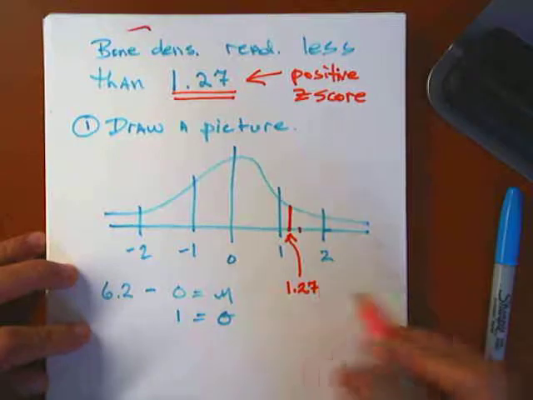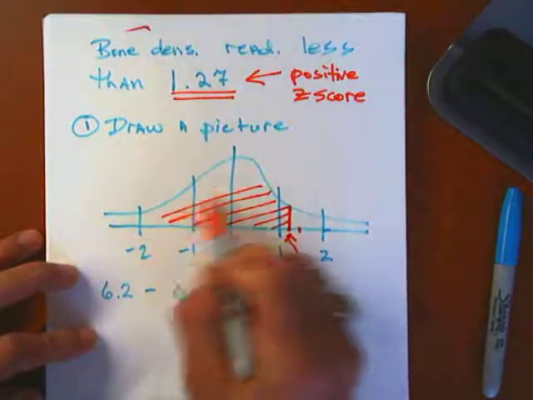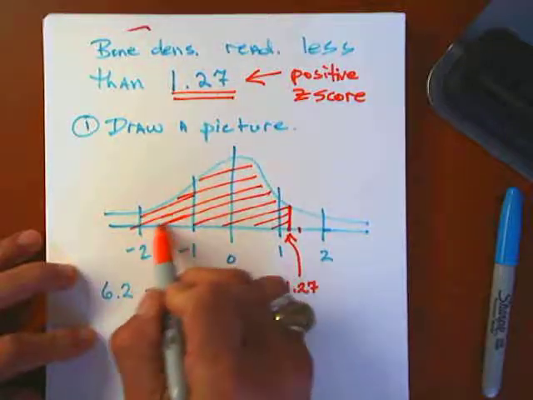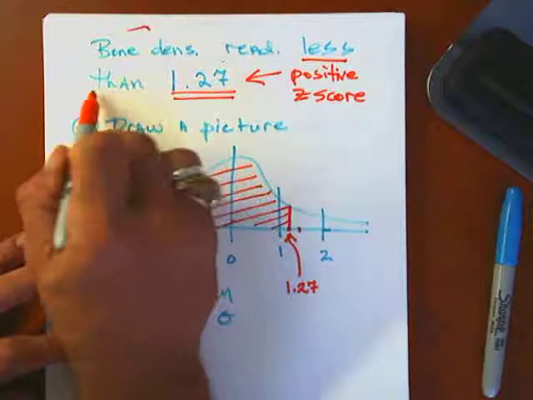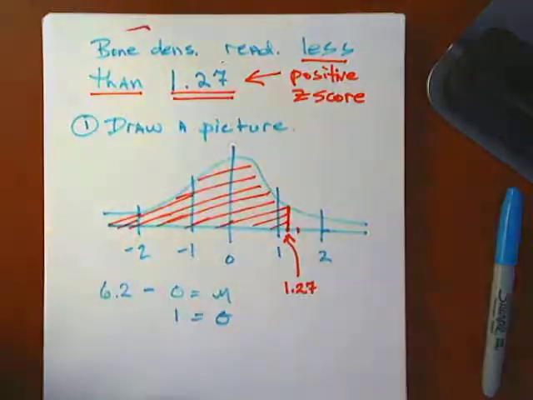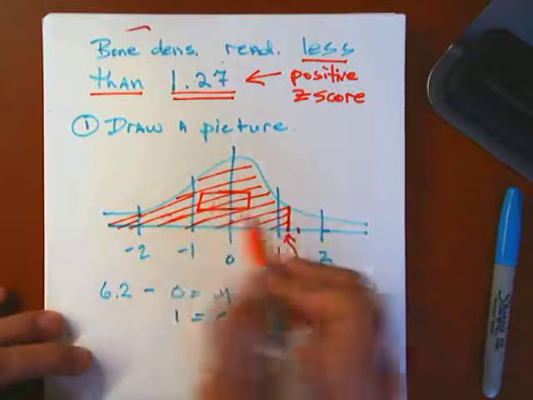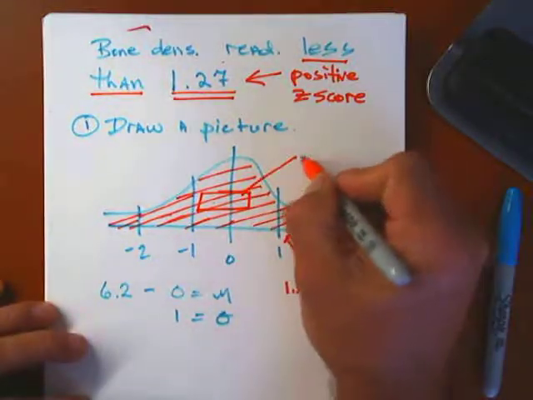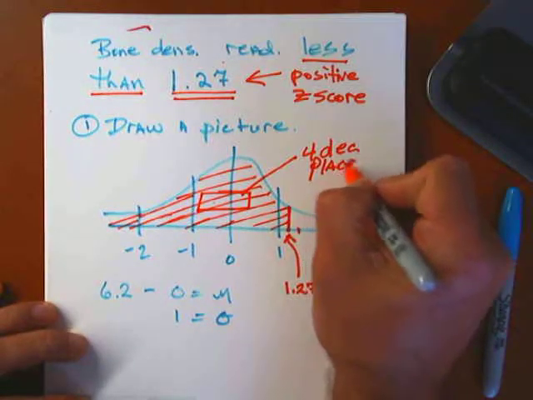I'll draw a line and put a little arrow that says z-score is equal to 1.27, and then I will shade this area because it says less than, that means to the left of 1.27. So I'm wanting to find this area under the curve.